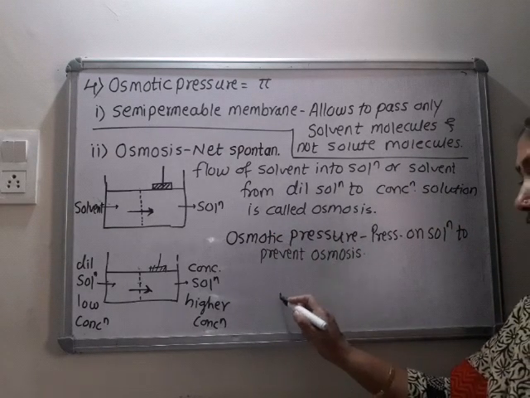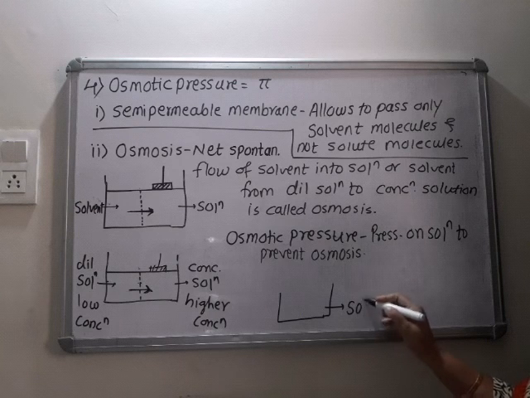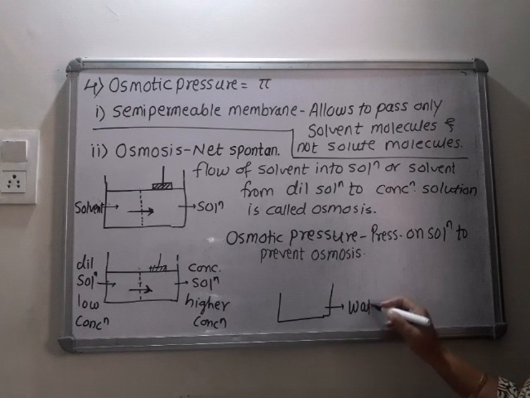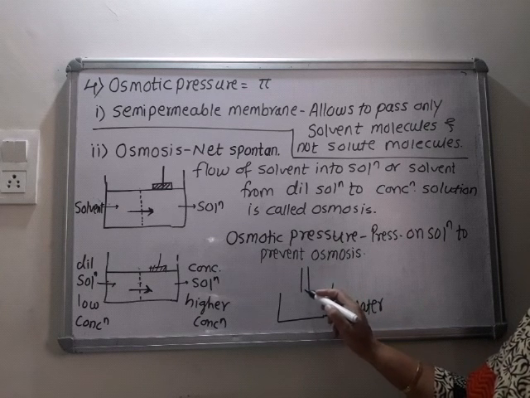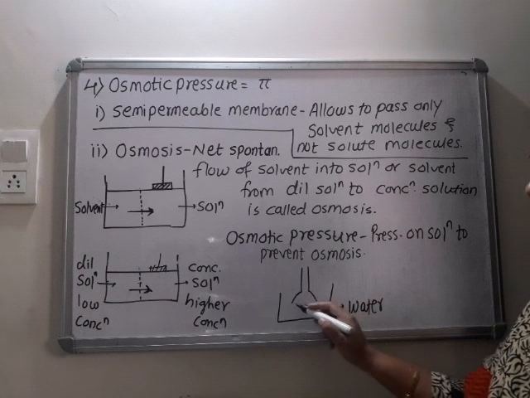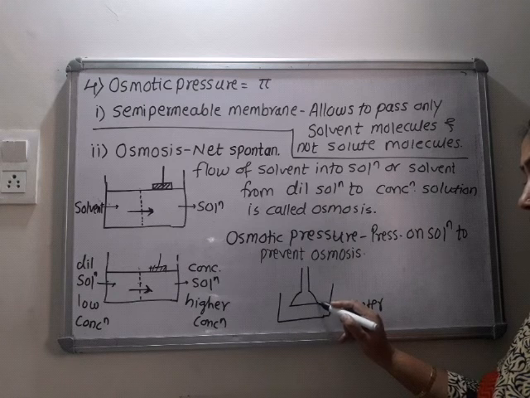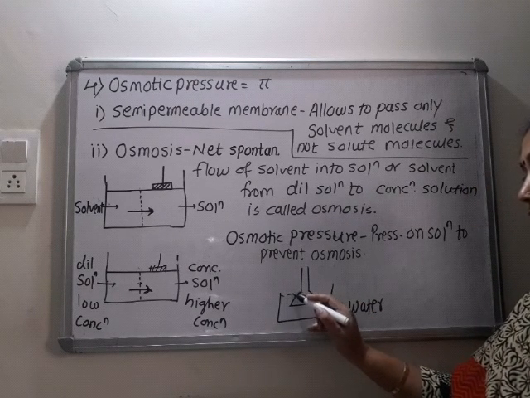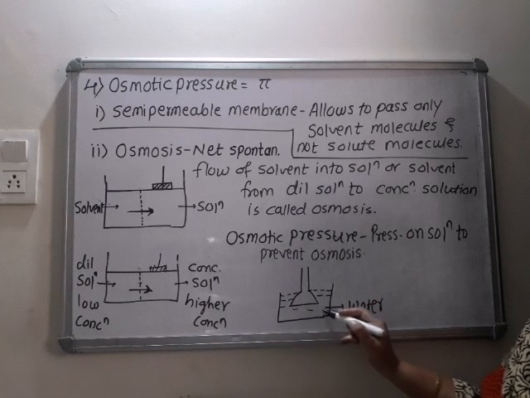They have explained this with the help of one example. They have taken a sugar solution and water, and they have used a thistle funnel or thistle tube. The thistle funnel is like the funnel in your lab, and its mouth is covered with a semi-permeable membrane. The required liquid is taken in it.